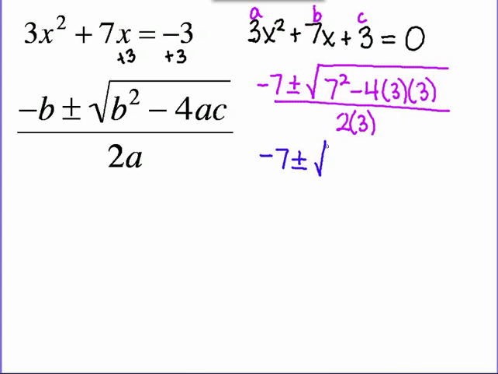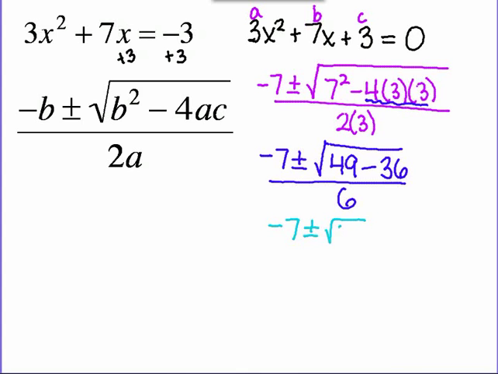What's 7 squared? 49 minus 4 times 3 times 3 is 36, all divided by 6. Next step, what is 49 minus 36? 13. Can you take the square root of 13? No, you can't break it down at all. And so actually, I am done with that problem.